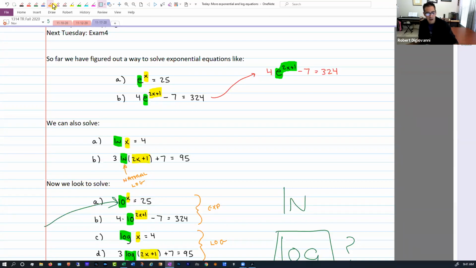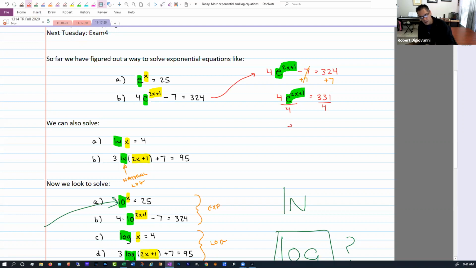The first thing I would do is add 7 to both sides, and that would get rid of the 7 over there. So I would have 4e to the 2x plus 1 equals, now when I add 7 over there, I get 331. Then I almost have the e part by itself. I need to get rid of the 4. And since that's multiplication, I'm going to divide both sides by 4.